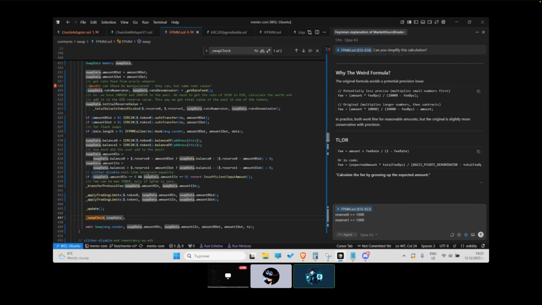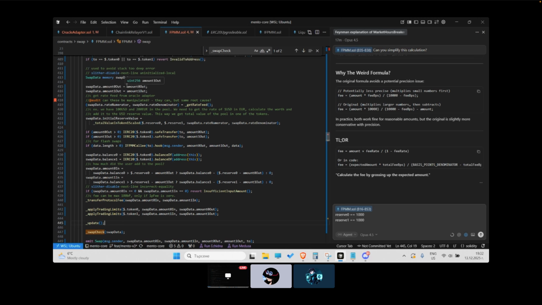Let's say the price is 1 to 1. Open total value in token one scaled. Yes, open this function. Total token zero value in token one. Amount zero, decimal zero, 1 to 1.